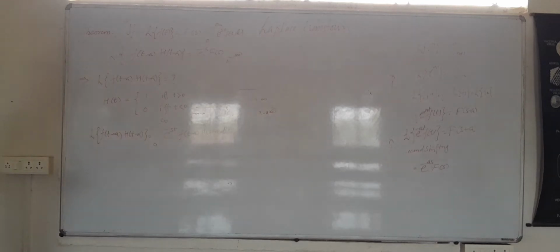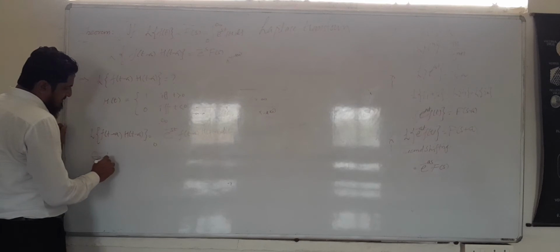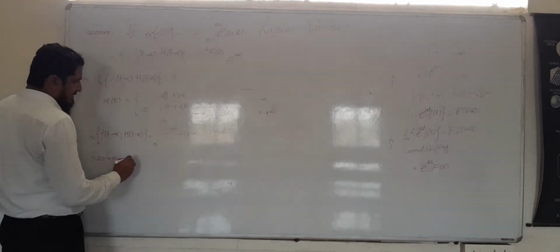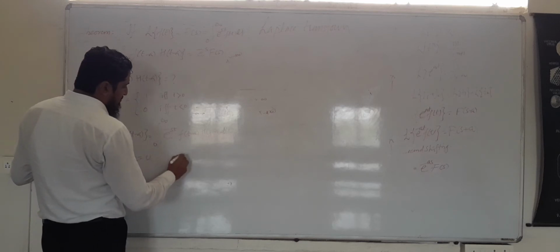Correct? Now replace t minus a equals u, or x, whatever you want to put. Replace t minus a equals u. We will get t equals a plus u.